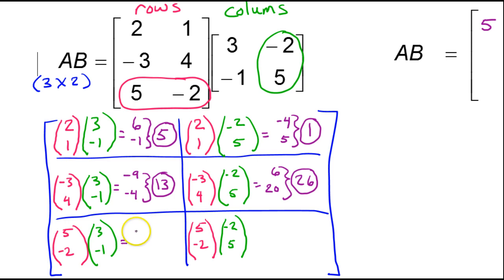This is going to make 15 and 2. Put them together, that's 17. This is going to make negative 10 and negative 10. Put them together, that's negative 20.